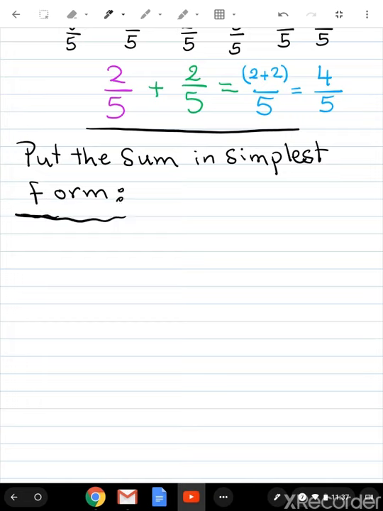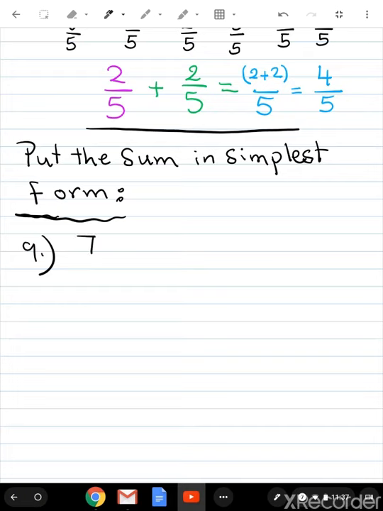Let us have an example. This is in your book, page 401, question number 9.